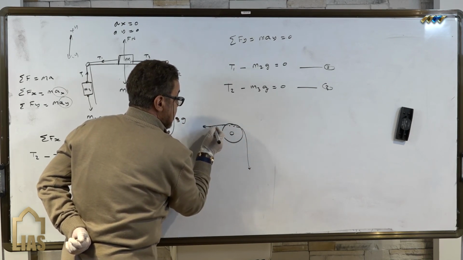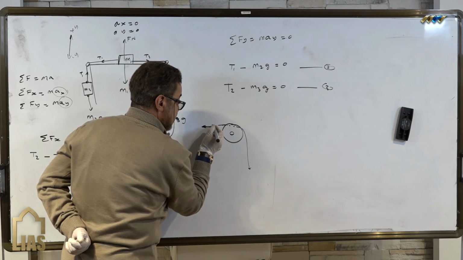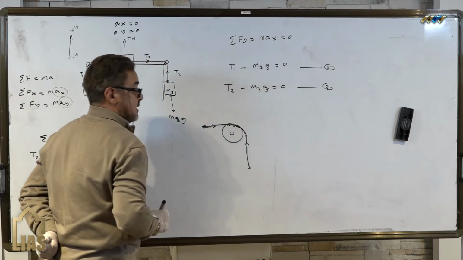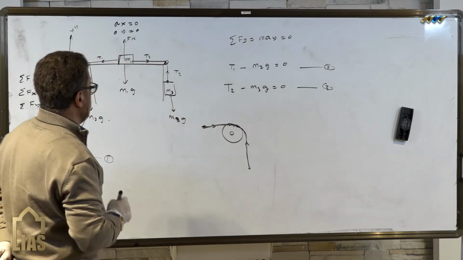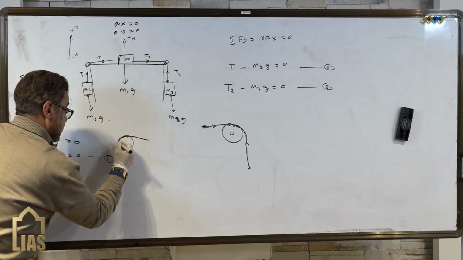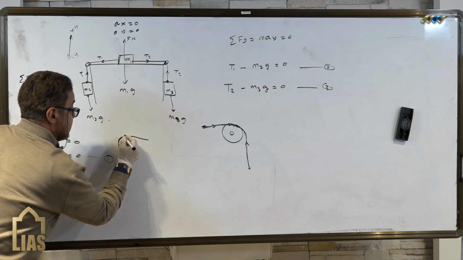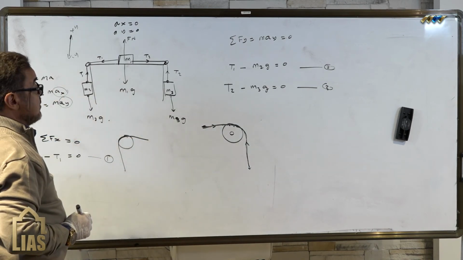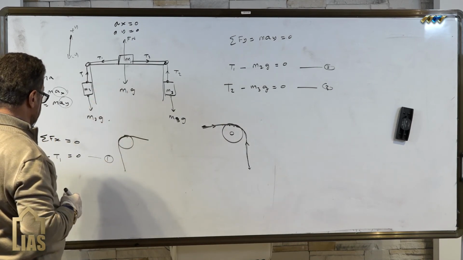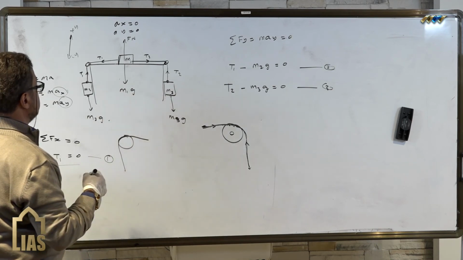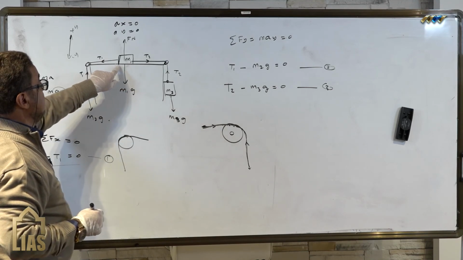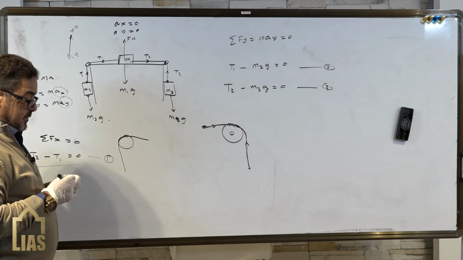Then the tension here and the tension here in the same rope. The same tension. Here also, the same tension here. Okay? And we solve for T1 and T2, whatever. We have that T2 is equal to T1, and then will be all the system in equilibrium.